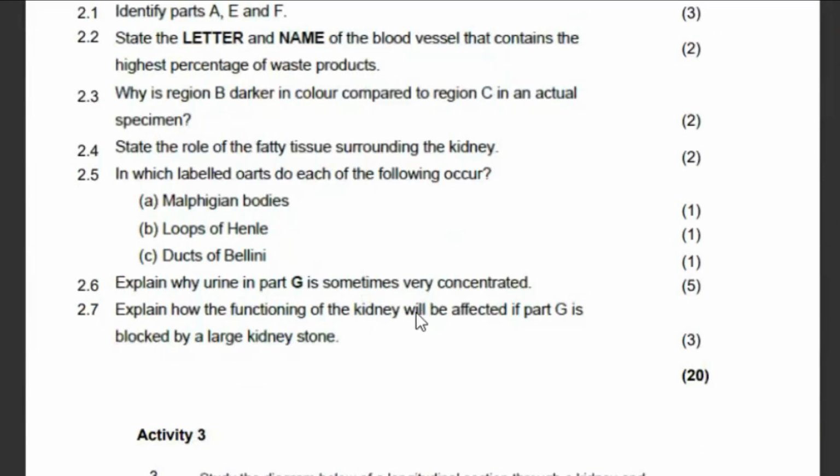It's 5 marks. So then you're going to talk about the antidiuretic hormone being secreted if the body requires more water. Antidiuretic hormone is secreted as a result of the hypothalamus being stimulated, causing the pituitary gland to secrete more ADH.